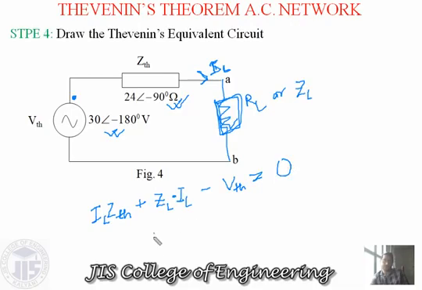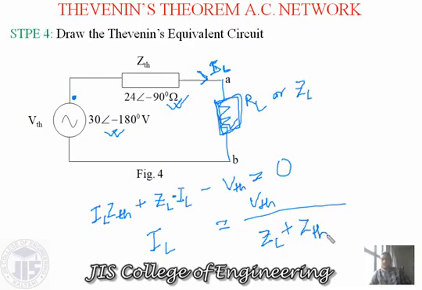So simply, taking IL common, IL into (ZL plus ZTH) equals VTH, and in the next step IL equals VTH divided by (ZL plus ZTH). So like that you can apply Thevenin's theorem for an AC network also.